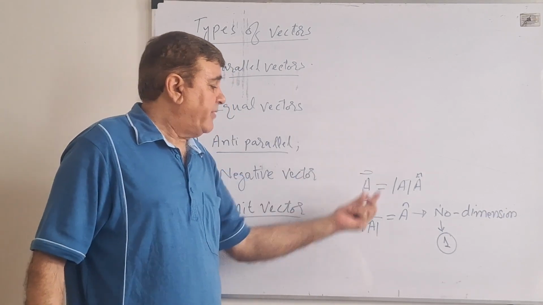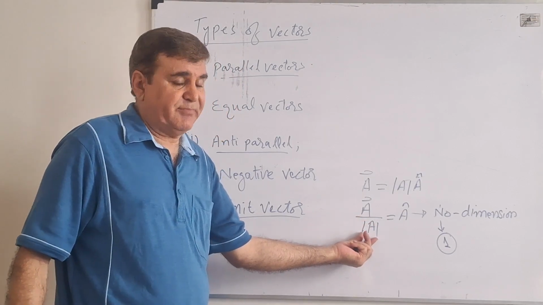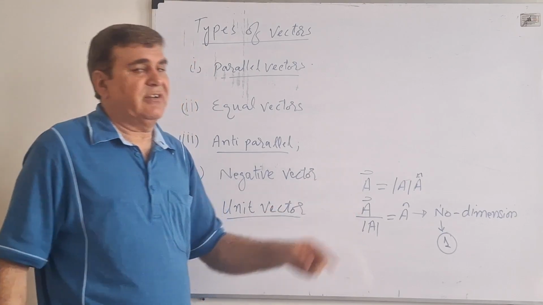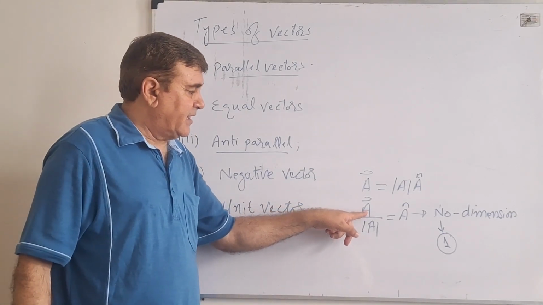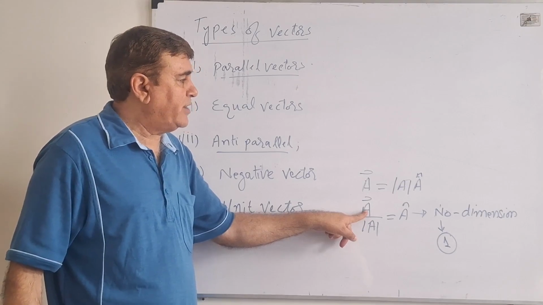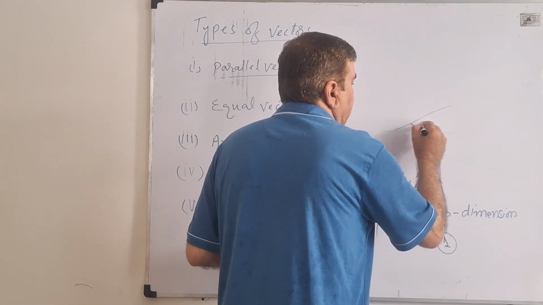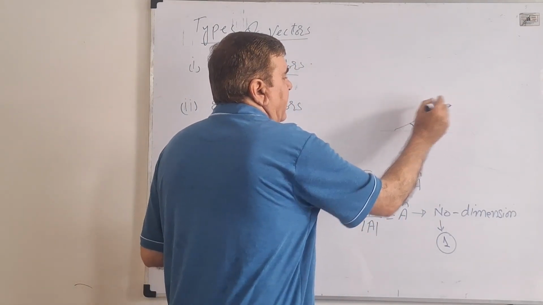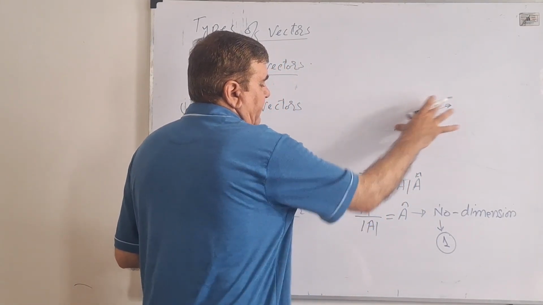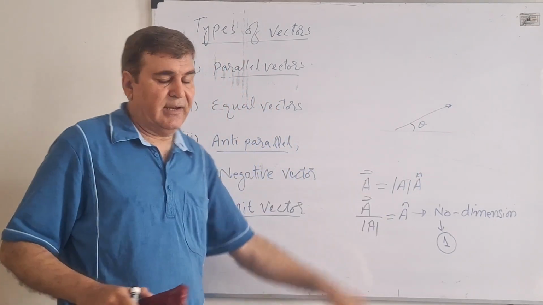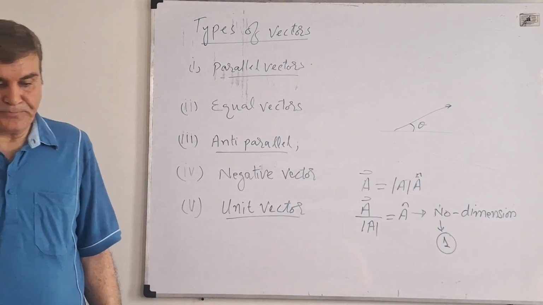However, we know graphically this is the length of the representative line, and this contains length plus direction of the vector. So this contains two things: direction, which way the representative line is pointing, that is the information of angle, and also the length, and this contains only length, so length cancels and we are left with a dimensionless quantity.